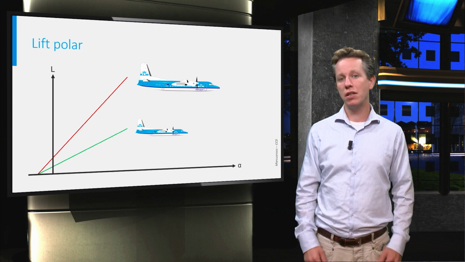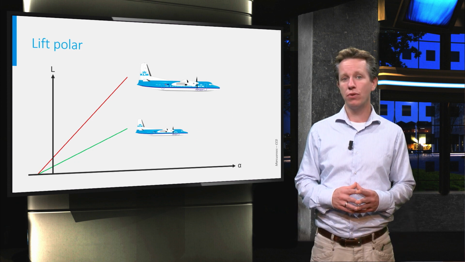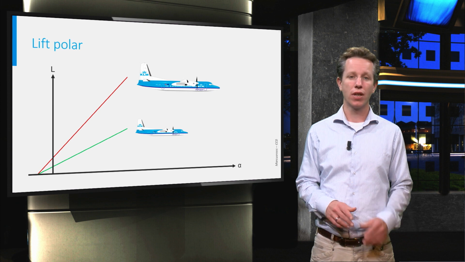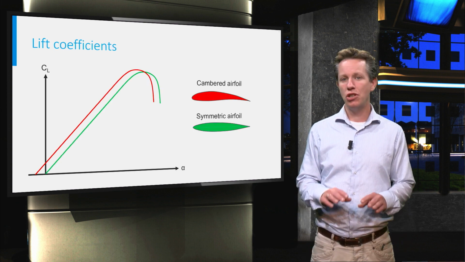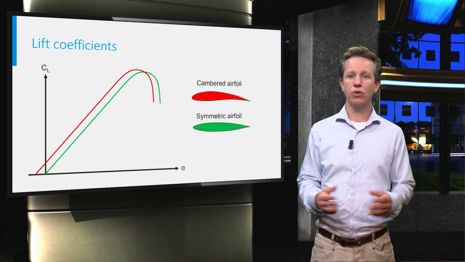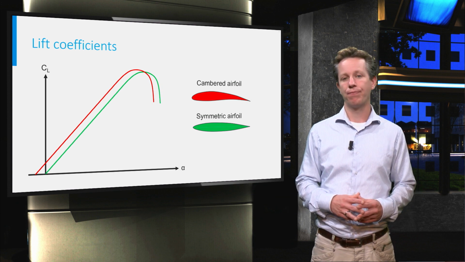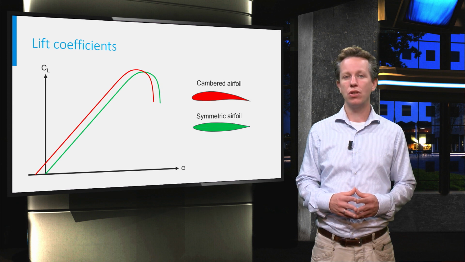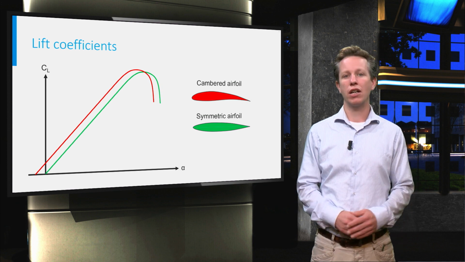The force expressed in newtons will be completely different when the aircraft size is different. However, when the dimensionless lift coefficient is plotted, different wings and airfoils can be compared in a fair manner. The maximum lift coefficient is quite important in terms of aircraft performance.